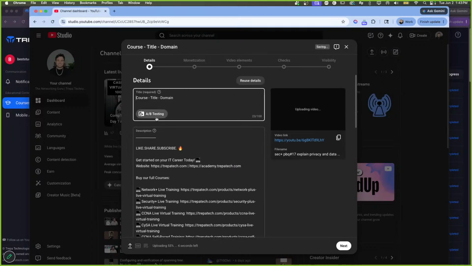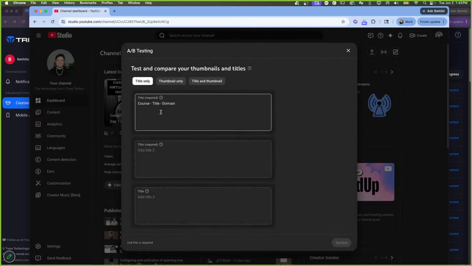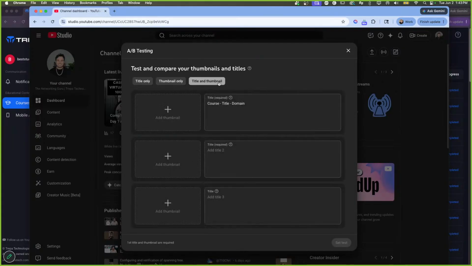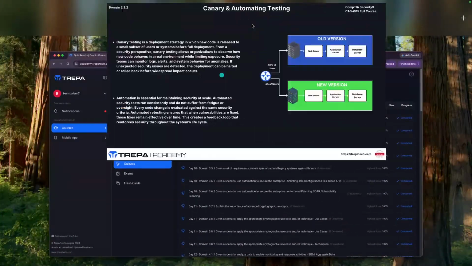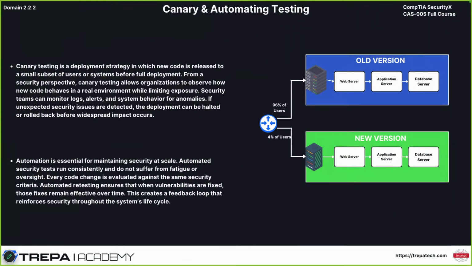So you see this A/B testing here? I can test different titles and I can test different thumbnails. So that's canary testing. Why they called it that for the CompTIA test, I really don't know.